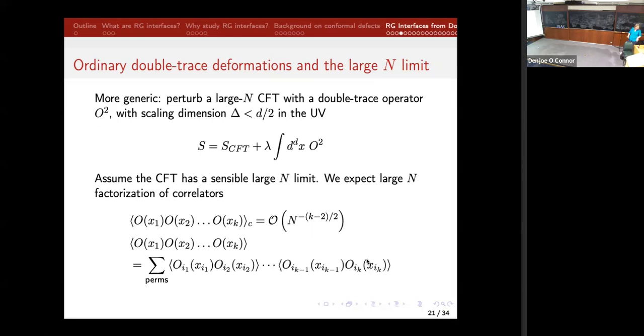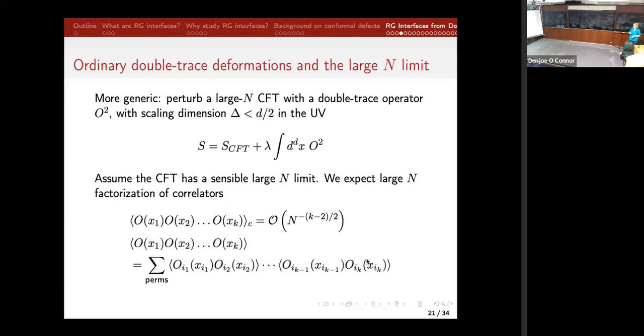More generically, we could perturb a large N CFT with a double trace operator O squared with a scaling dimension less than d/2 so that it's relevant in the UV. Then you can assume the CFT has some sensible large N limit.